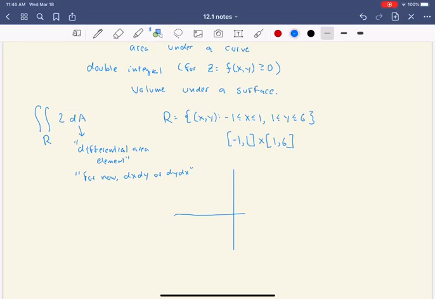So let's draw our situation here. That's as good as it's going to get. So from -1 to 1, that's the x. From 1 to 6, that's the y.